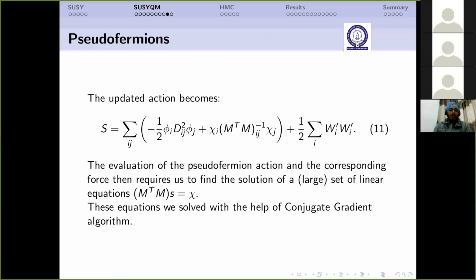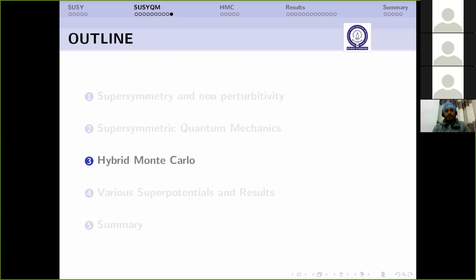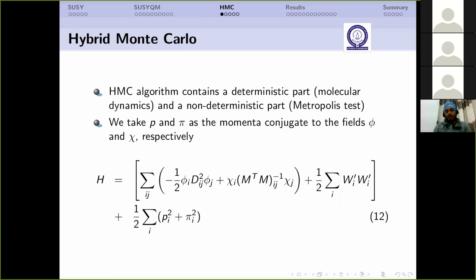The technique of hybrid Monte Carlo. I will not talk much about it, but a small segment about it. It contains two particular parts: a deterministic part and a non-deterministic part. Firstly, we evolve the fields with the help of molecular dynamics, and at the end, we perform a test whether to accept a particular configuration or to reject the evolved configuration, which we call the Metropolis test.